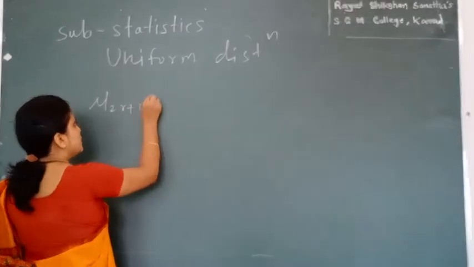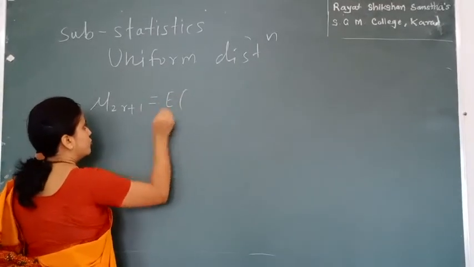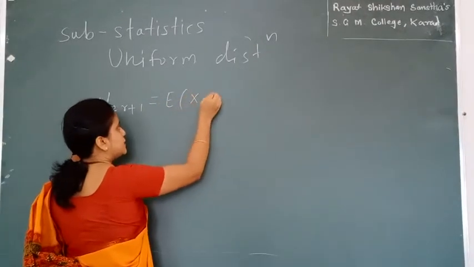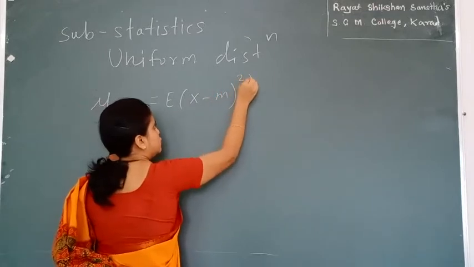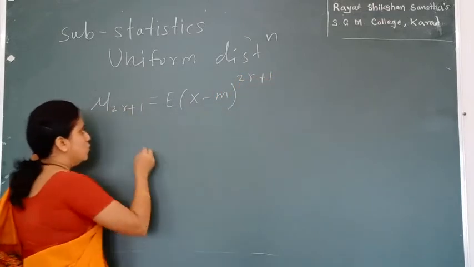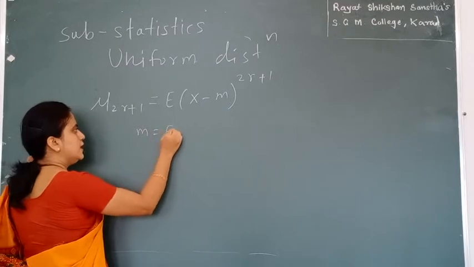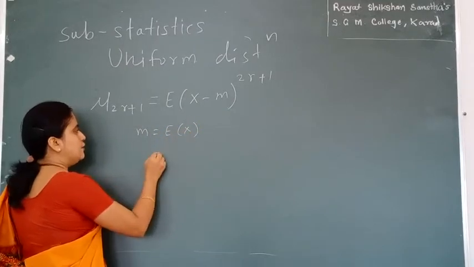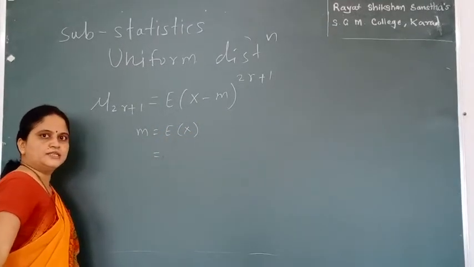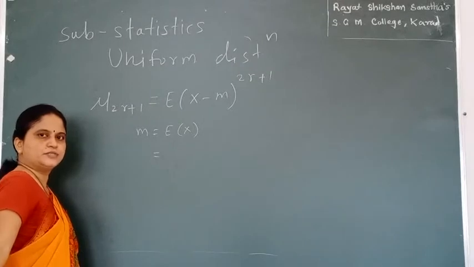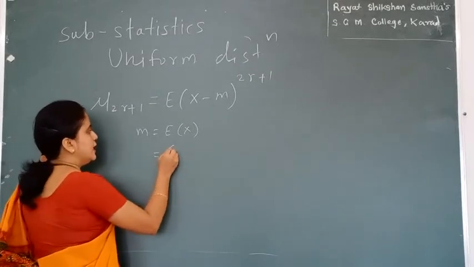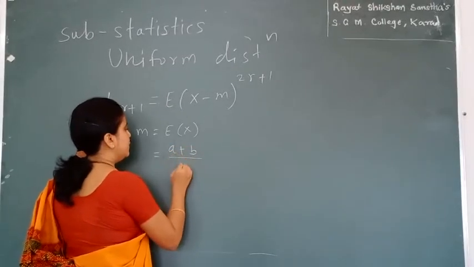So for mu 2r plus 1, the formula is the expectation of (x minus m) raised to the power 2r plus 1. Here m is the expectation of x, and for the uniform distribution, in the last lecture we have seen that the expectation is (a plus b) divided by 2.